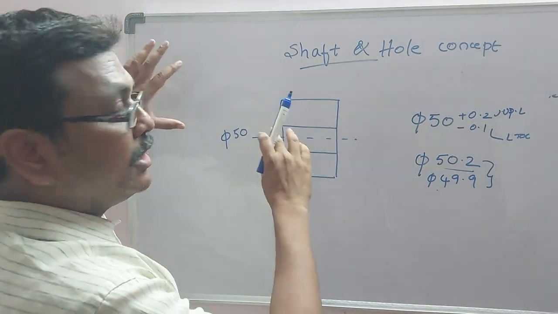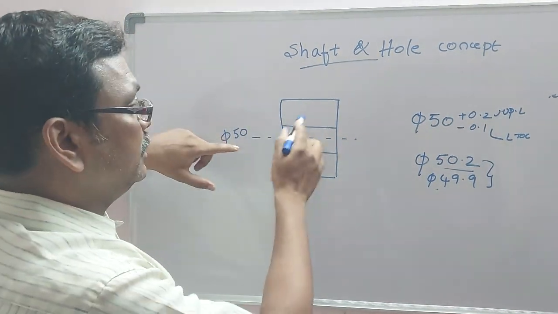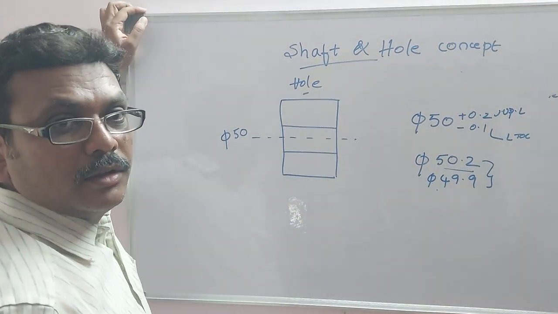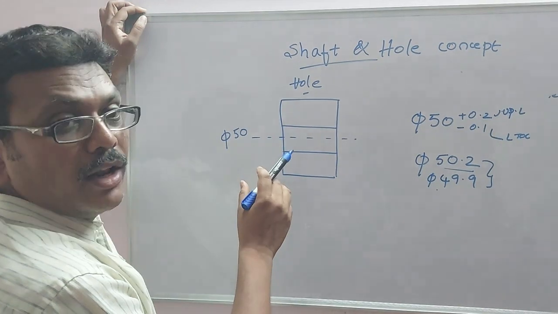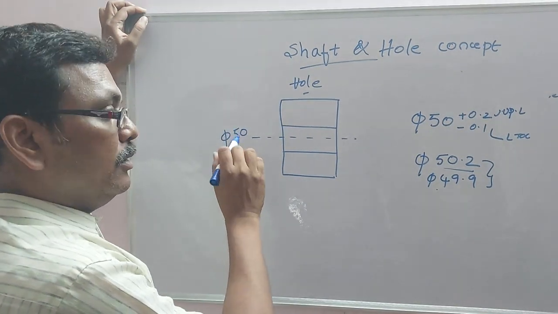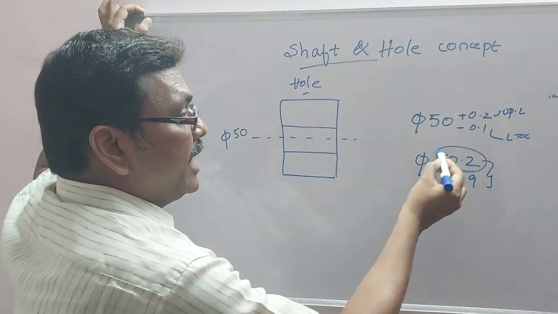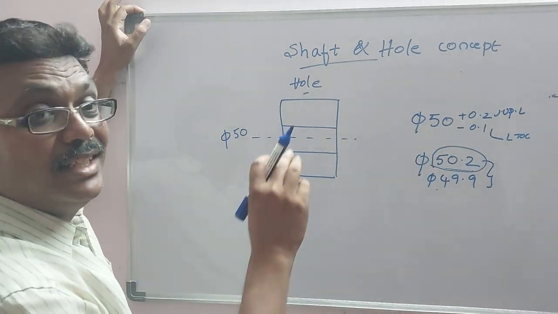So this shaft should go into the hole. This is the hole. How I have to decide the tolerance means: the normal diameter is 50. This is the maximum diameter of the shaft.